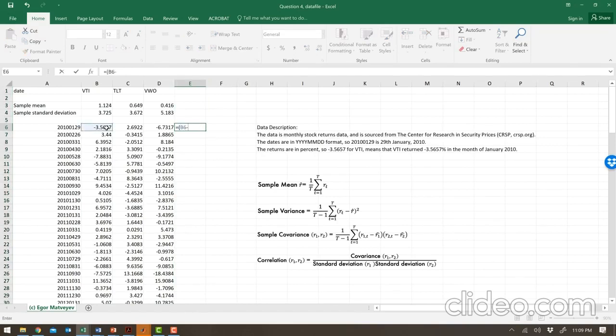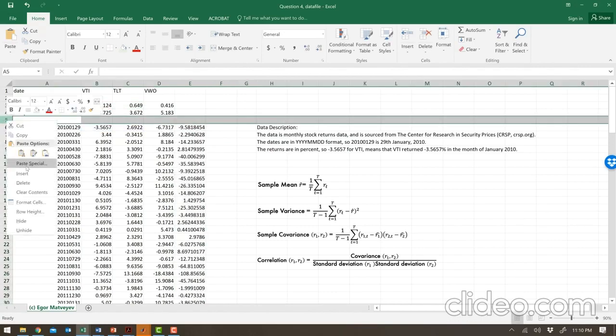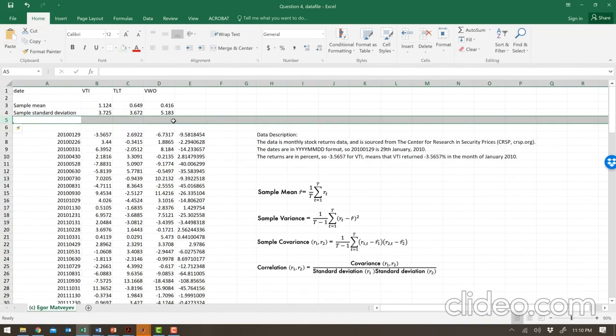So this is monthly return minus the estimated mean, multiplied by the same for the second ETF. So this is computing the same product for every month.